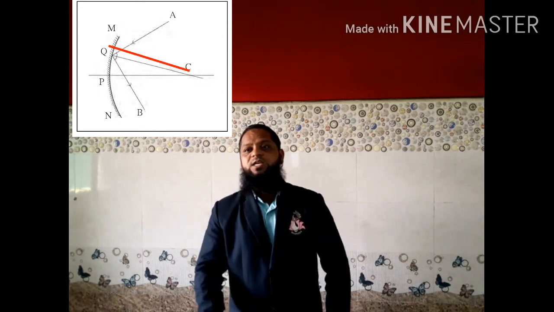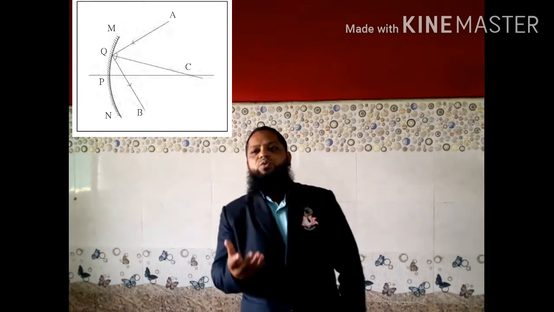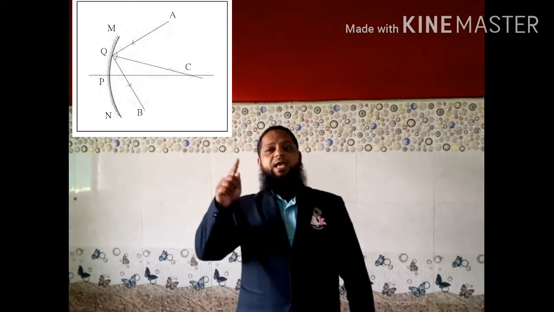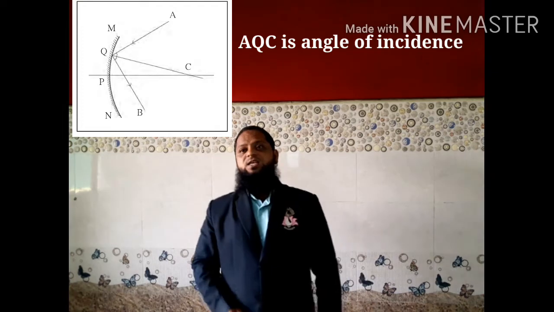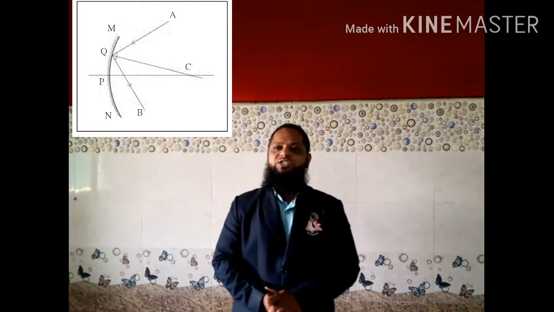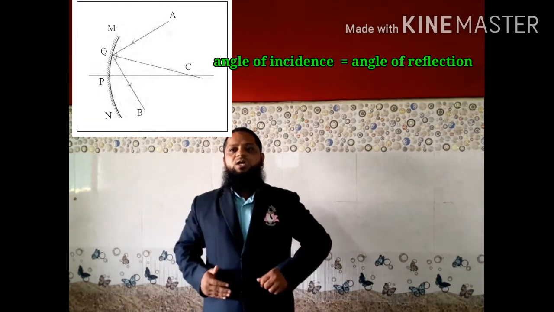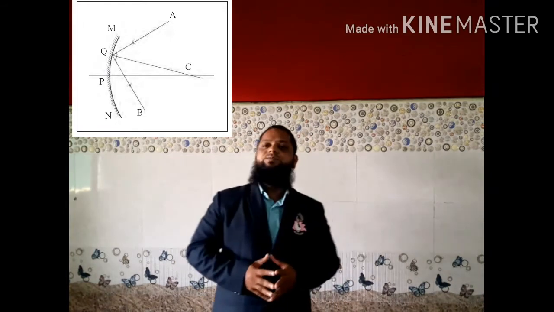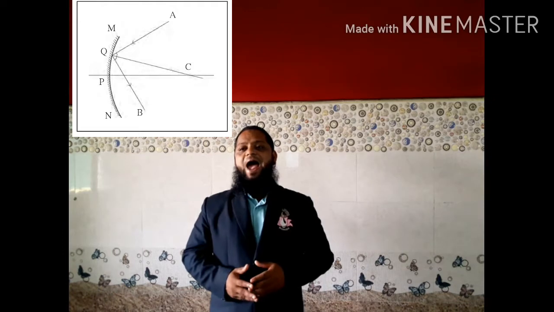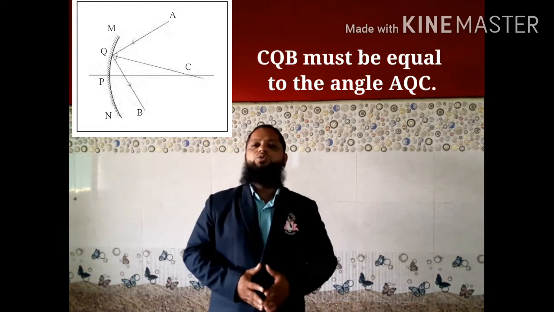CQ is a radius and therefore is perpendicular to the mirror at Q. Angle AQC is the angle of incidence. According to the laws of reflection, the angle of incidence and the angle of reflection are of the same measure. While drawing the reflected ray QB, angle CQB must be equal to the angle AQC.